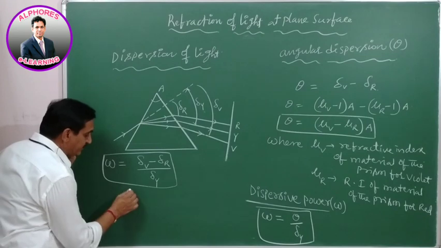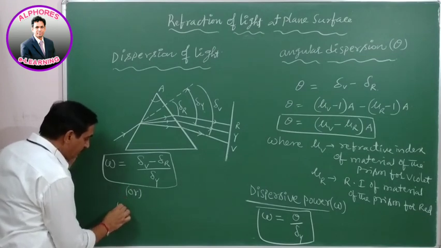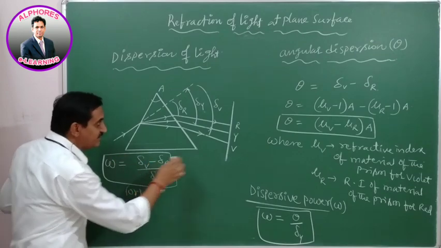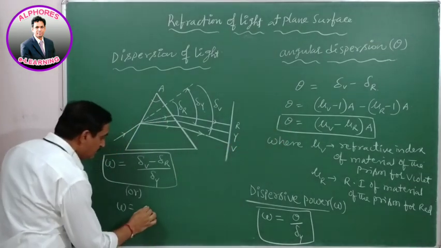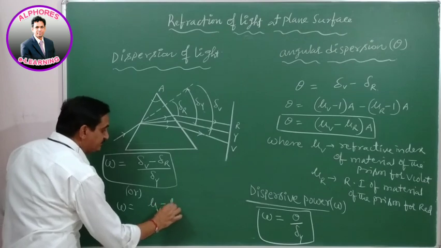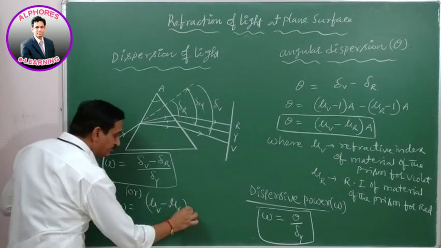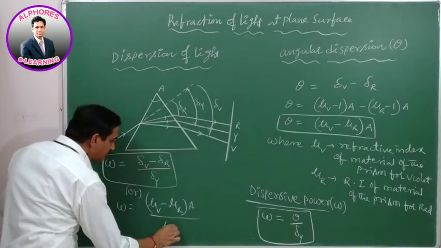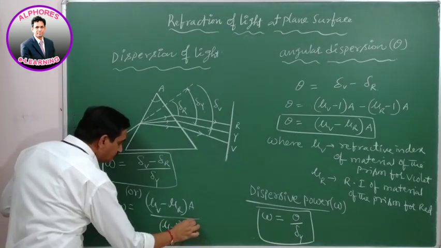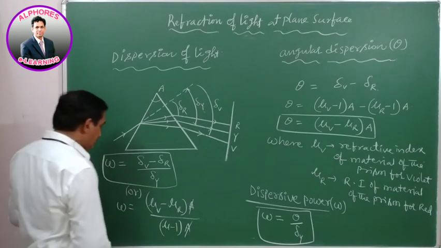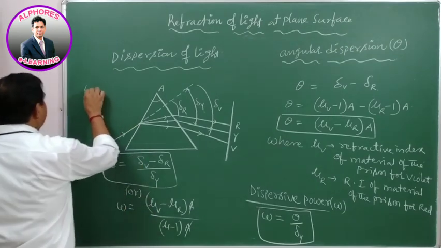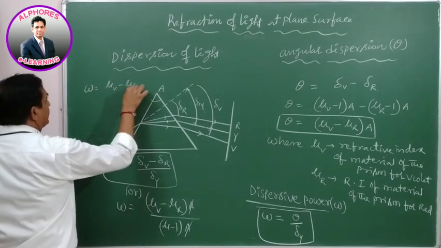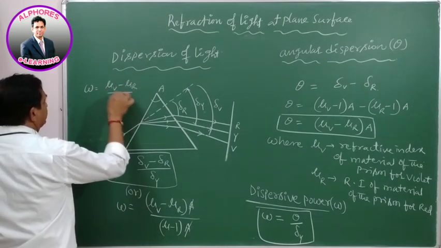Now this can also be written as theta equal to mu V minus mu R into A, divided by, for yellow color, mu minus 1 into A. The A gets cancelled, and then you get the dispersive power formula: mu V minus mu R by mu minus 1.